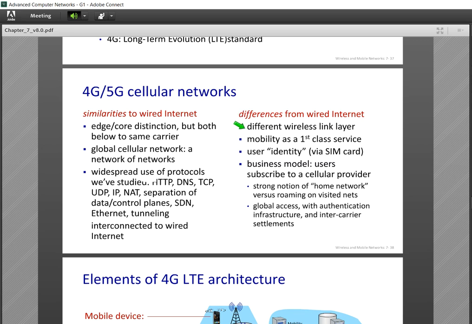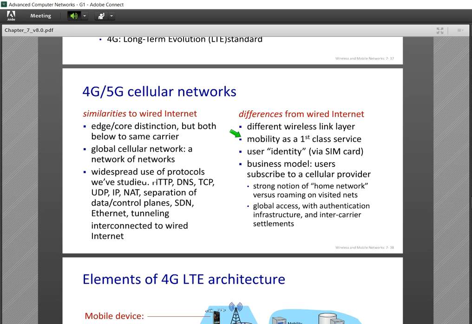The first and main difference is using the wireless link layer. Here in the cellular network we are using a wireless connection, but in a wired network we are using a wire between, for example, my home and the ISP.